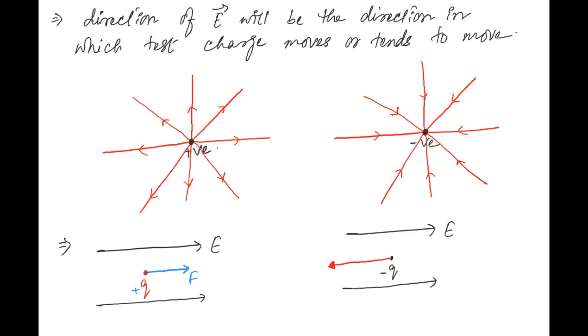Did you understand? Means a positive charge will experience force in the direction of the electric field, and a negative charge will experience force in the direction opposite to the electric field. Is it clear, beta? Yes, sir. Okay, so please draw all this so that हम आगे बात करें.